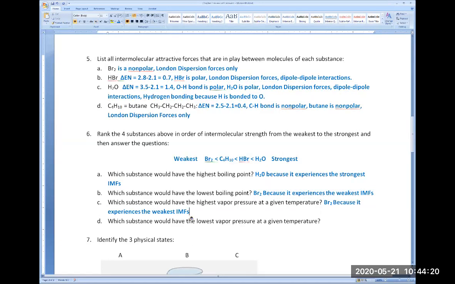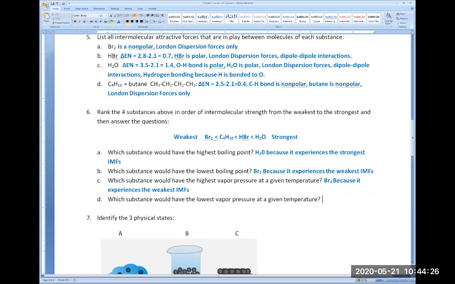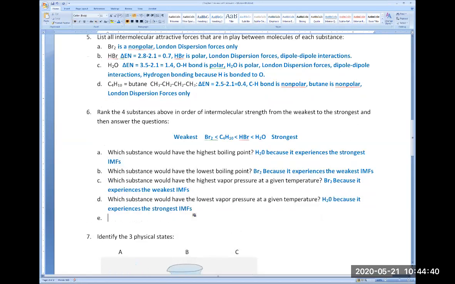So which substance would have the lowest vapor pressure at a given temperature? Yes, H2O. And the reason is because H2O has the strongest intermolecular attractive forces.